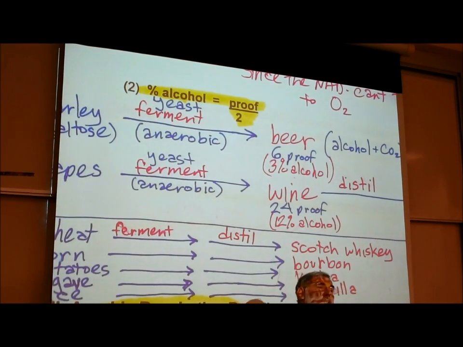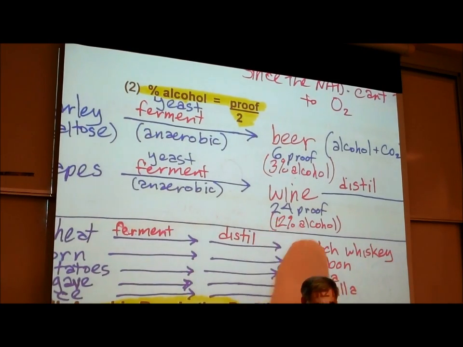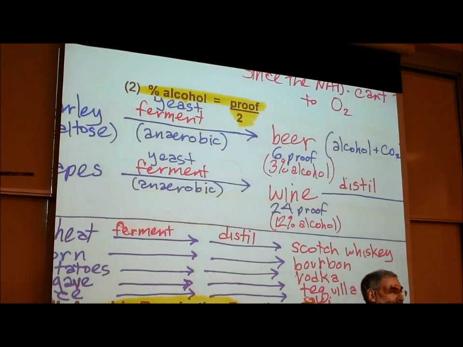And in fact, it can even kill the yeast that are turning that sugar into alcohol. When you've got these yeast in a big vat, a keg, in an anaerobic environment, turning the sugars into alcohol in order to make ATP, when the alcohol reaches about 24 proof or 12% alcohol, it starts killing the yeast.